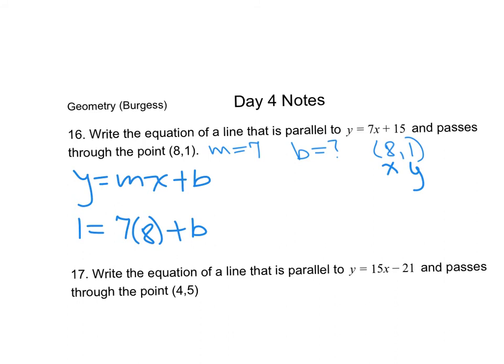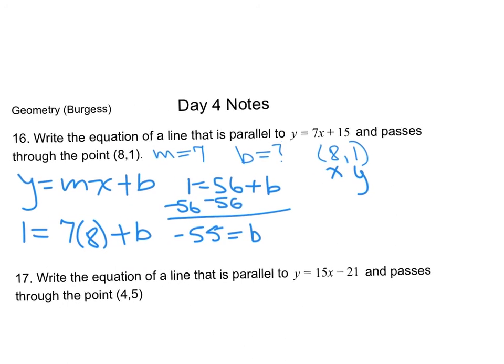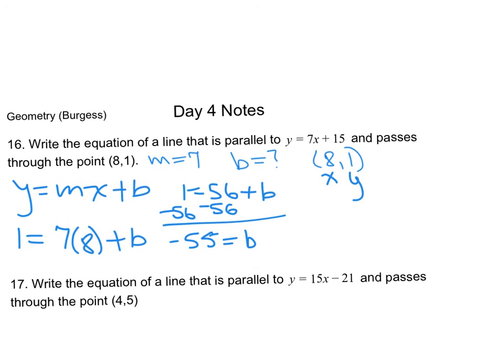Then we're going to solve for b. 7 times 8 is 56. So now we have 1 equals 56 plus b. Again, I'm just solving for b. Negative 55 equals b. Okay. So now I have my m, which is my slope. I have my b, which is my y-intercept. I'm ready to write my equation. Y equals 7x minus 55. Okay.